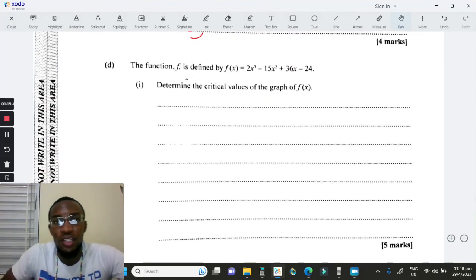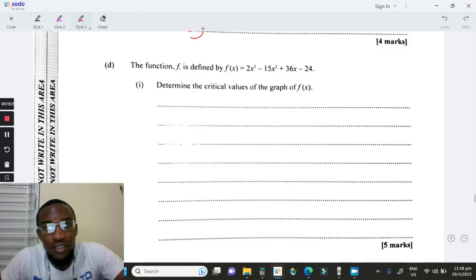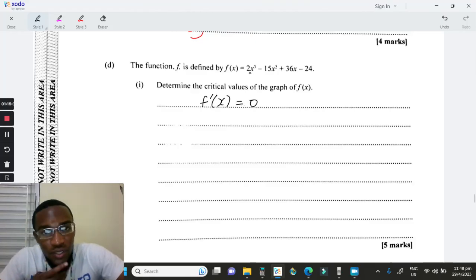This part says the function f of x, this cubic function here, determine the critical values. The critical values occur when f prime of x equals 0, when the first derivative is equal to 0. So the first derivative would be: differentiate 2x cubed, carry down the power, then subtract 1 from the power, that's 6x squared.